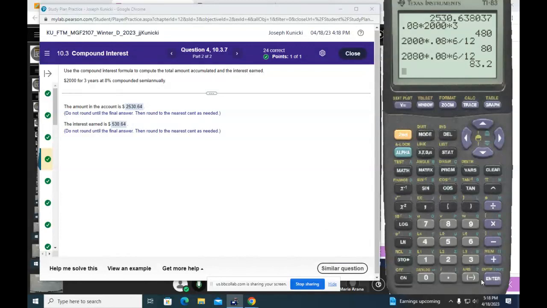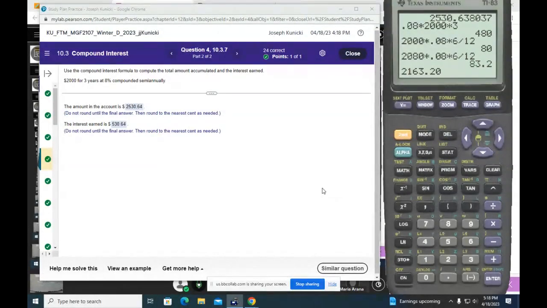So at the start of the second year, I would now have $2,163.20. I've gained $3.20 for the year by compounding.